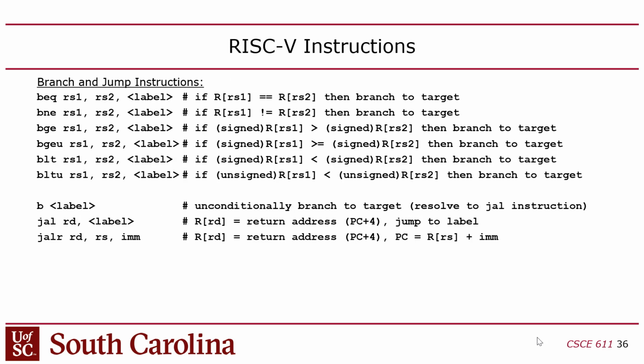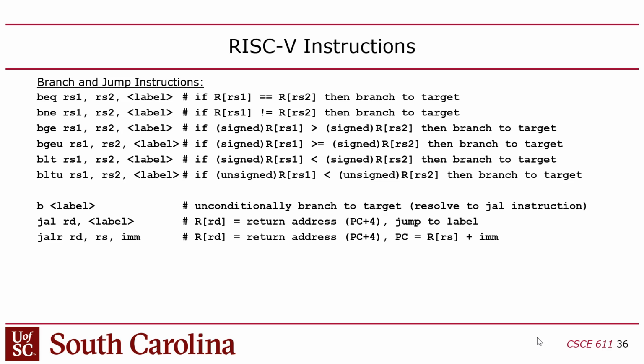And then we have 6 branch instructions for every possible way to compare two numbers, signed and unsigned. Well, not every possible way, I guess. We got equal, not equal, greater than or equal, branch less than, and then there are unsigned versions of greater than or equal and less than, right? Because we don't need an unsigned version of branch if equal or branch if not equal.